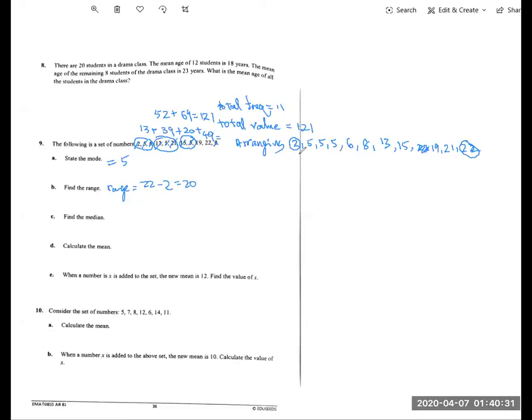Okay, the median. Median, very simple. Remember, we take the total frequency plus 1 and divide by 2. That gives you the 6th position. Now, 1, 2, 3, 4, 5, 6. This is the 6th position. Let me count again. 1, 2, 3, 4, 5, 6.